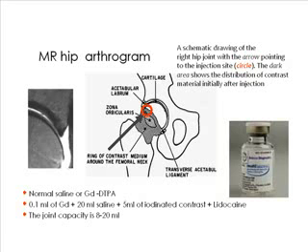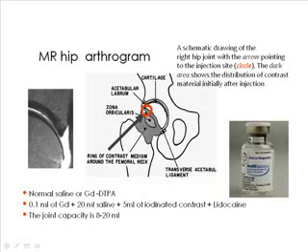Then a few words about the hip arthrogram. The arthrography of the hip is used mainly for assessment of the acetabular labrum, which is exactly similar to the glenoid labrum, and for assessment also of some cases of loose bodies in the hip joint.